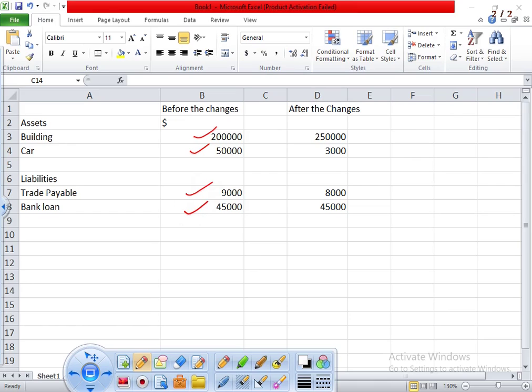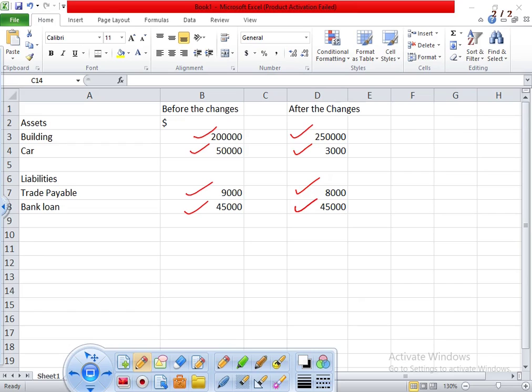Now, due to some reason, there is a change in partnership, and after the changes, the building value is now 250,000. The car is only 3,000. Trade payable is 8,000. And the bank loan is 45,000.